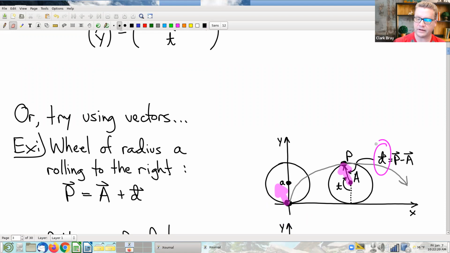And then furthermore, the axle itself is doing something pretty simple as well, right? That's why bicycles ride smoothly, because the frame of the bicycle is attached to the axle. That's going in a nice straight line.